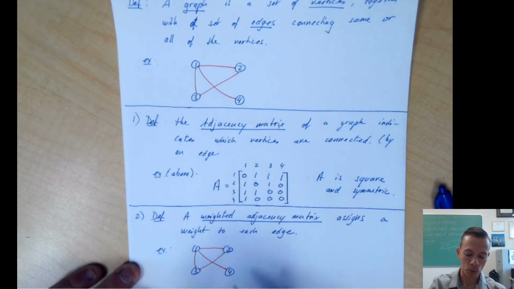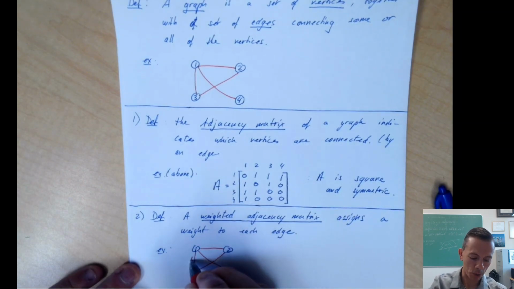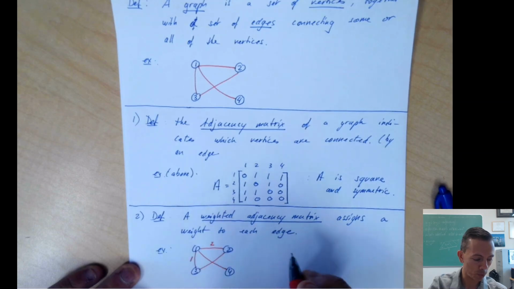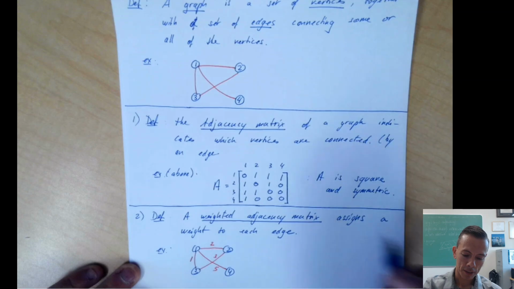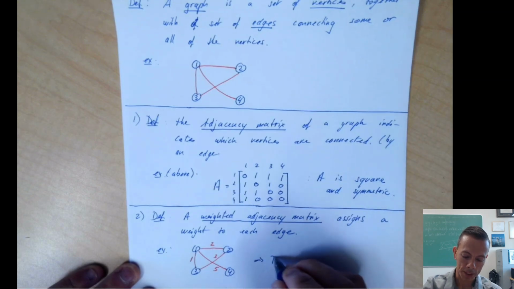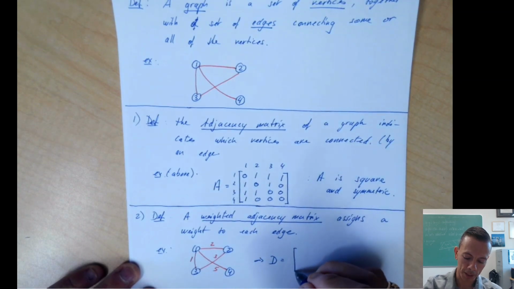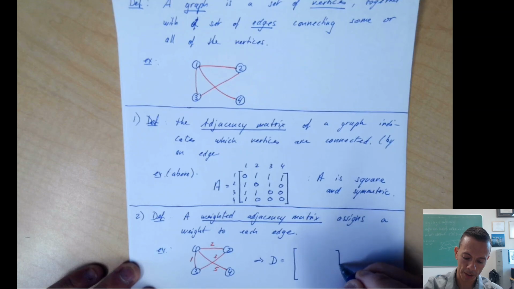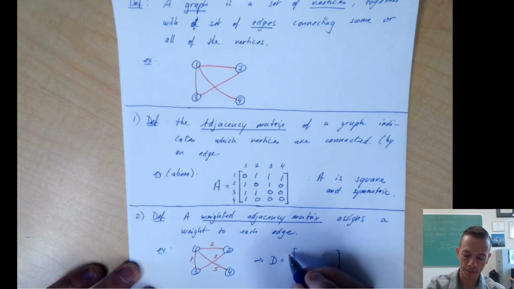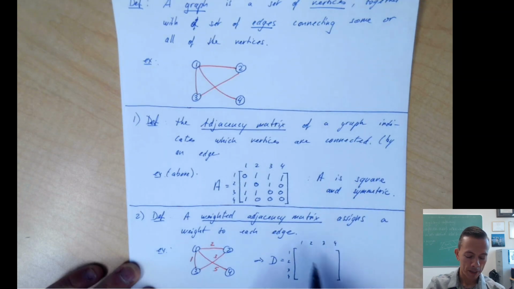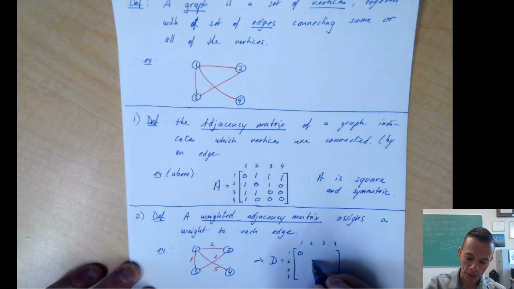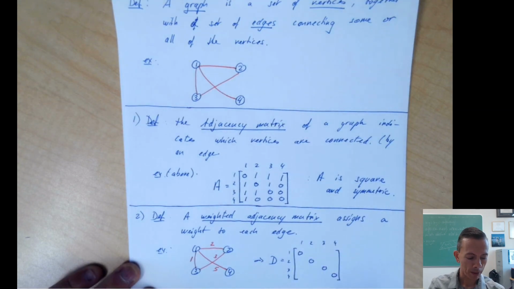But now they're not equal edges, so let's put a weight of 1 right here, 2, 3, and 5. So now we can call this matrix D. It's also going to be a 4 by 4 matrix, and it's also going to be symmetric. So again, we're going to assume 0 on the main diagonal.